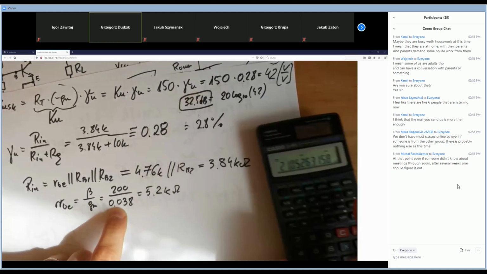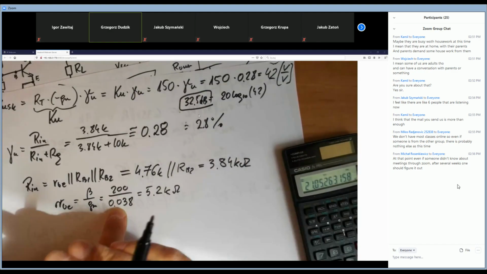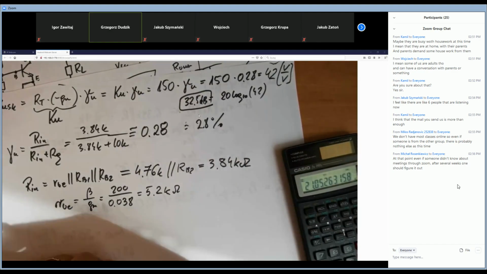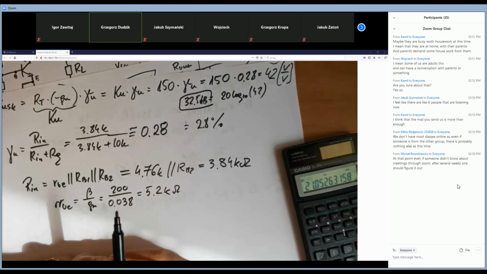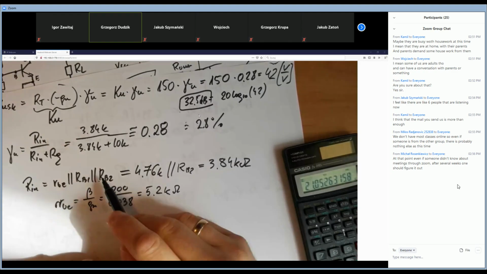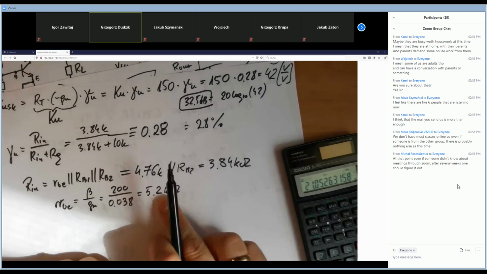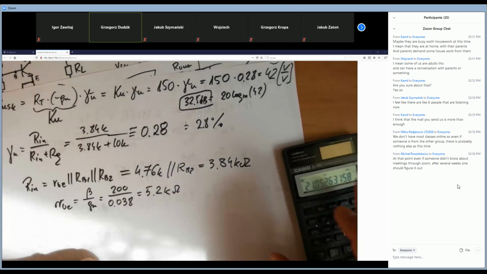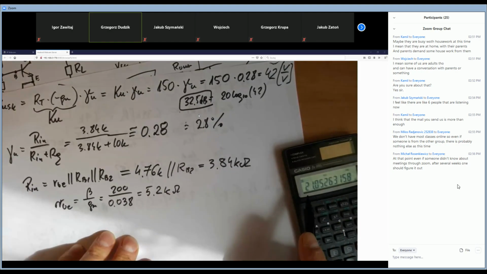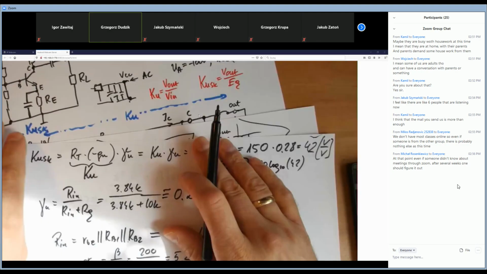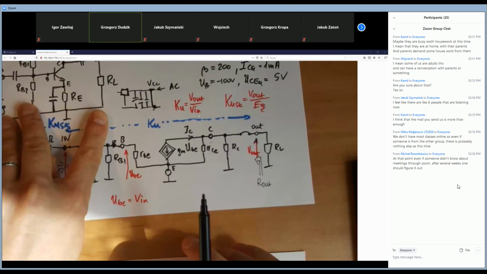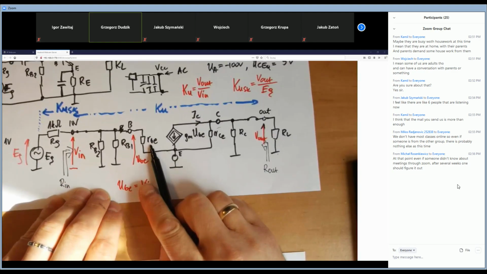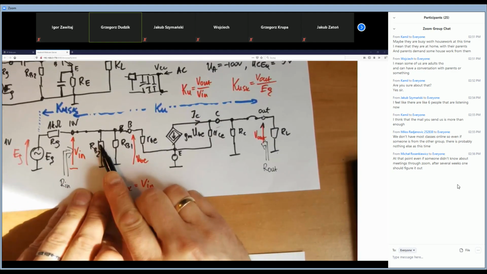So as you see, we have many ways at this moment to change it. First of all, the transistor, the beta. But if you have 21 kilohms of RBE, this is our limit, because we've got the RB2 and RB1.